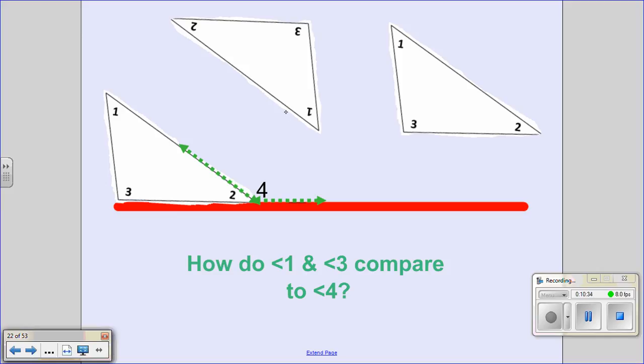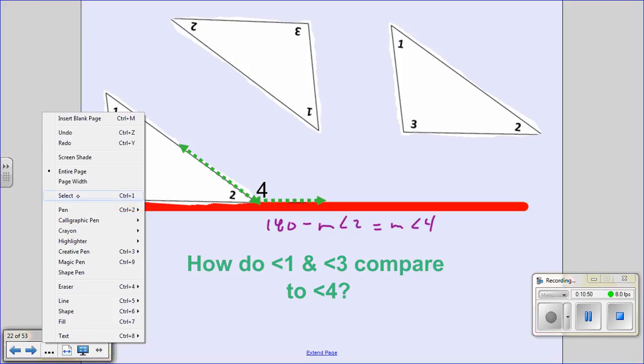So you know that 180 minus the measure of angle 2 is going to give me the measure of angle 4. But let's see if you can see any other comparisons in just a second.